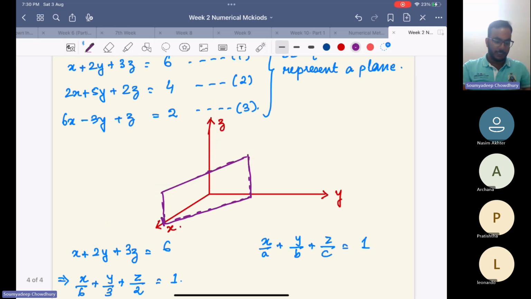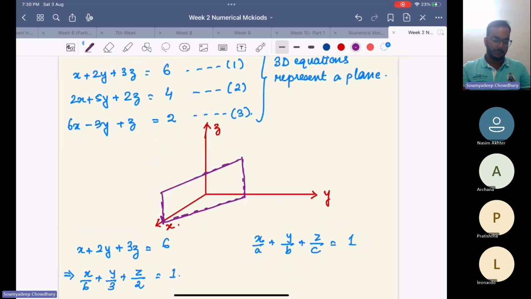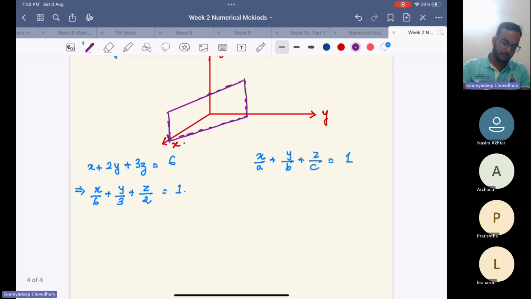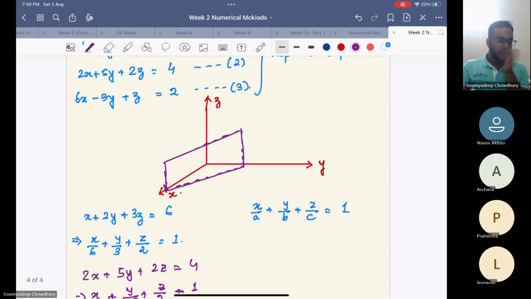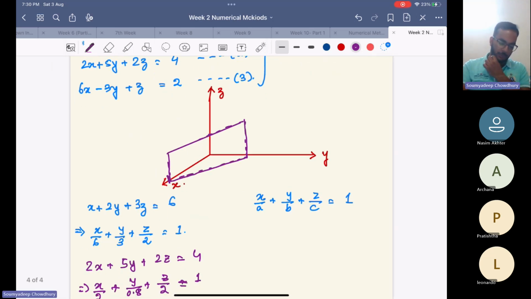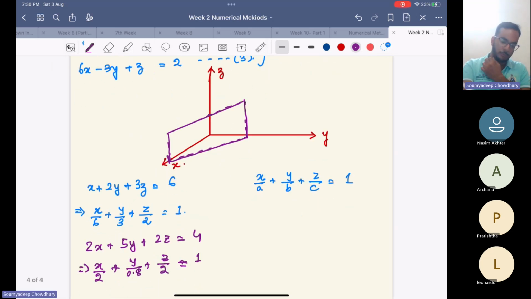Now the next plane, if we try to draw it: 2x plus 5y plus 2z equals 4. It is basically x by 2 plus y by 0.8 plus z by 2 equals 1. So we will get another plane from here. It is a bit difficult to draw in 2D, but still I'll try.